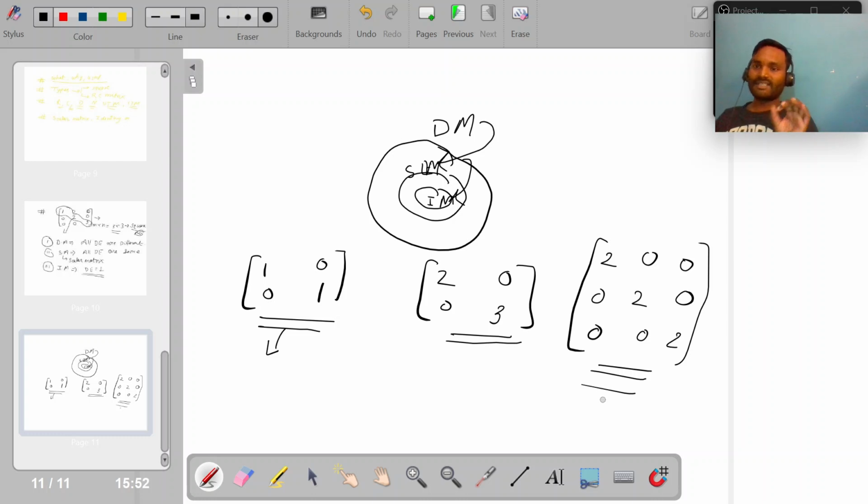Is the difference between diagonal, scalar and identity matrix clear? I hope you understood all three.